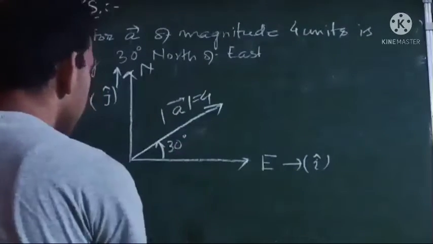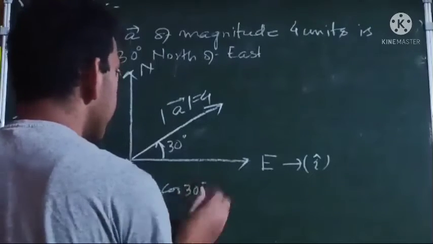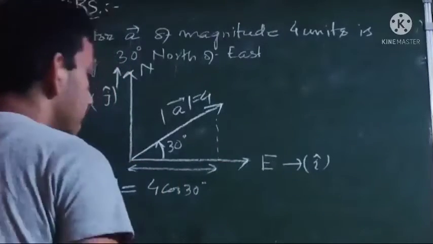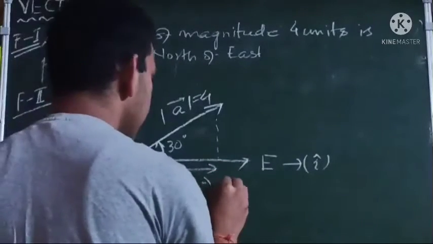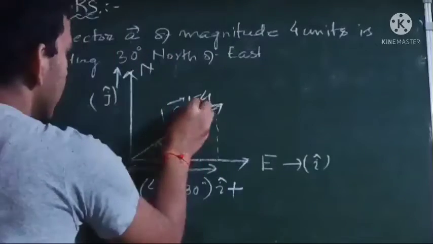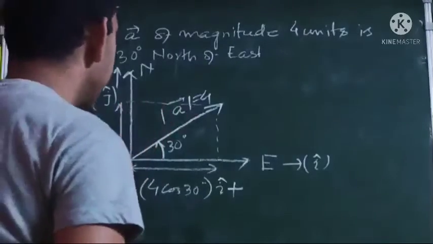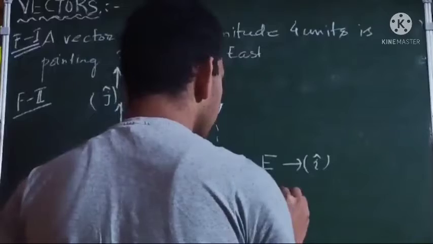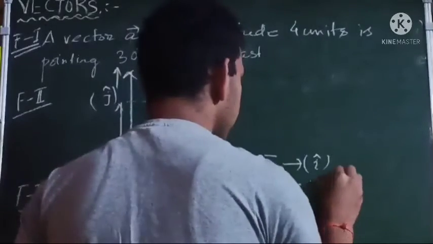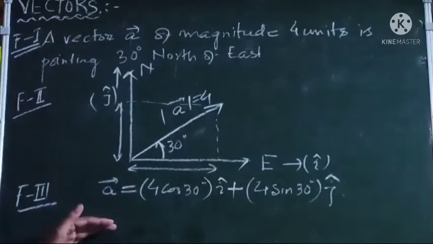Then we can write A vector as 4 cos of 30 degree. This length is 4 cos 30 degree and it is in the direction I cap, plus now we have to see this direction which is 4 sin 30 degree, 4 sin 30 degree j cap. These are the 3 forms of writing a vector.